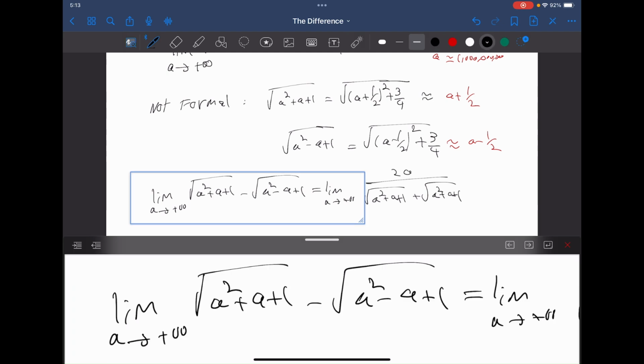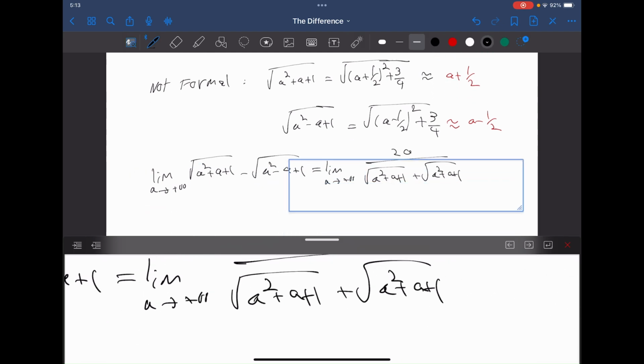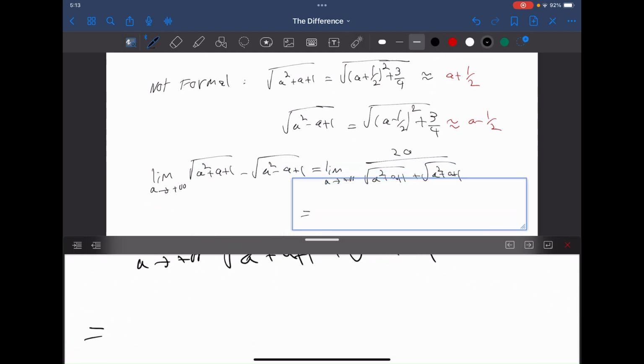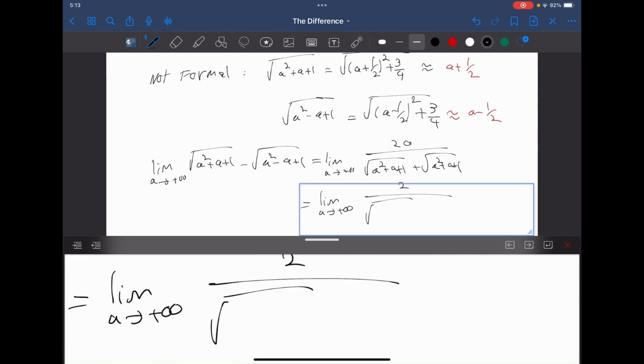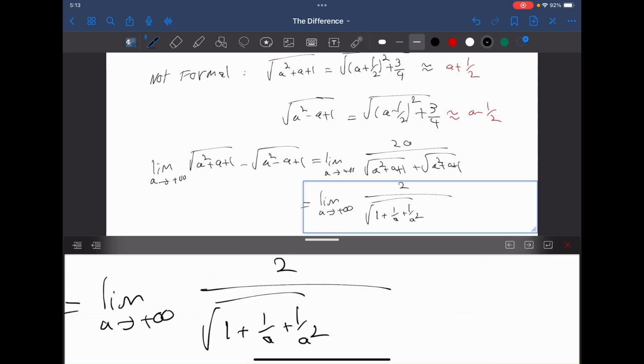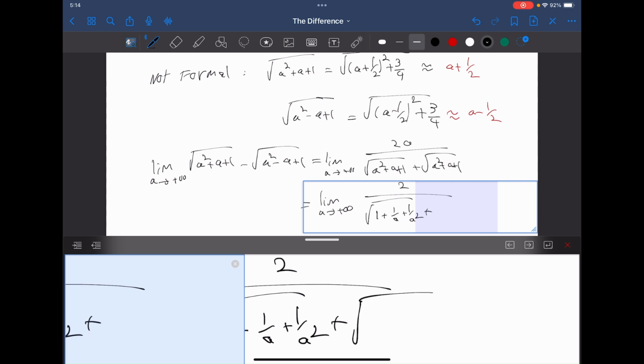And now this is equal to the limit as a goes to plus infinity of 2 divided by root of 1 plus 1 over a plus 1 over a squared, plus another term here, root of 1.